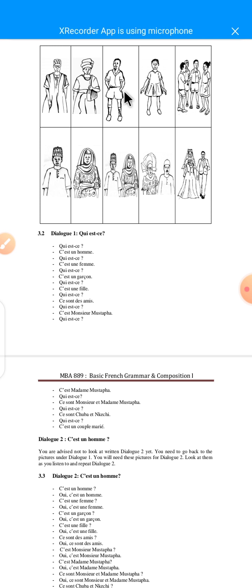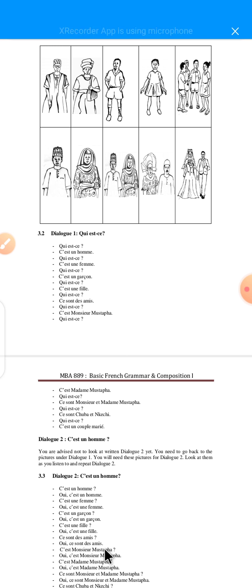Is it a boy? Oui, c'est un garçon. Yes, it is a boy. C'est une fille. Is it a girl? Oui, c'est une fille. Yes, it is a girl. Ce sont des amis. Are they friends? Oui, ce sont des amis. Yes, they are friends.